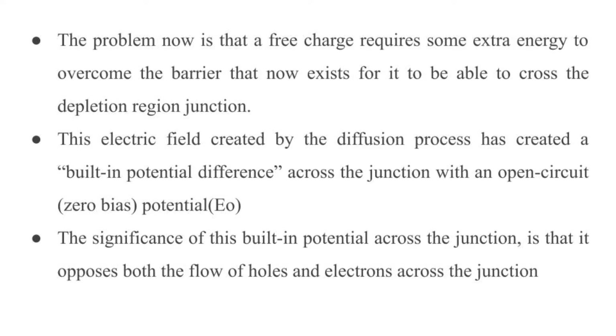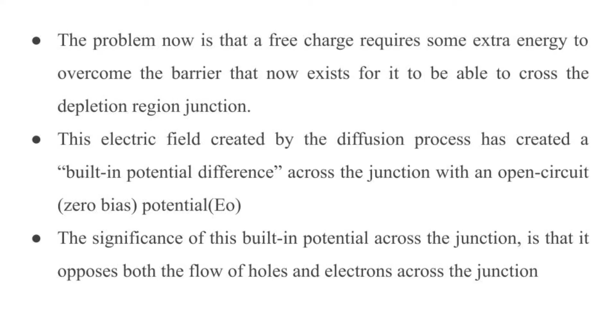The problem now is that a free charge requires some extra energy to overcome the barrier that now exists for it to be able to cross the depletion region junction. So you can see in the diagram, this electric field created by the diffusion process has created a built-in potential difference across the junction with an open circuit, that is zero bias condition.